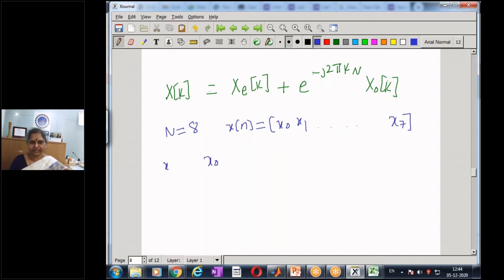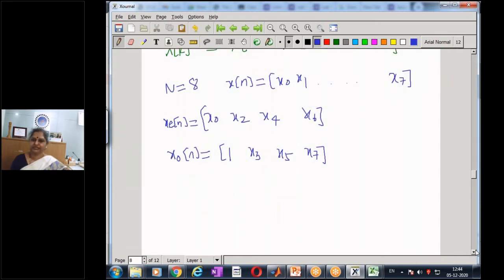Even terms are going to be x even of n, and that is going to be x0, x2, x4, and x6. And how about my odd terms? The odd terms are going to be x1, x3, x5, and x7.